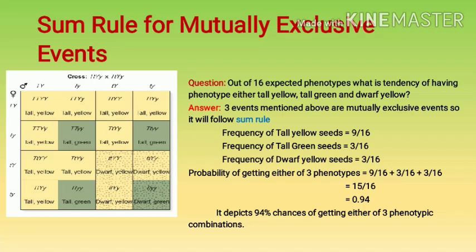This figure shows the cross between the heterozygous tall yellow plants in the F1 generation. So the question asked from this Punnett square is, out of 16 expected phenotypes, what is the likelihood of having a phenotype that is either tall yellow, tall green, or dwarf yellow.